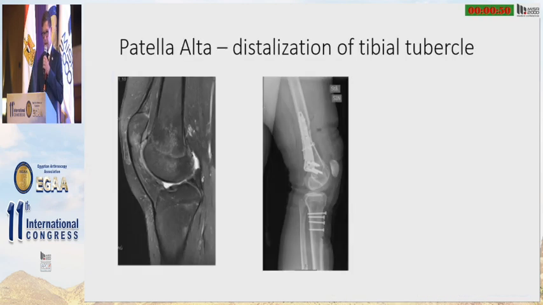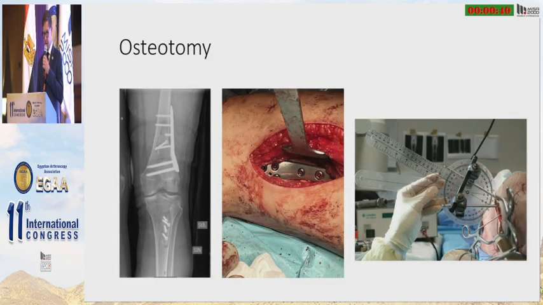And then I did a distalization of the tibial tubercle. And as you can see, I did a derotational osteotomy afterwards, like here. And then I did an MPFL reconstruction. And since it's only a week since I operated on her, I don't know the condition of her.